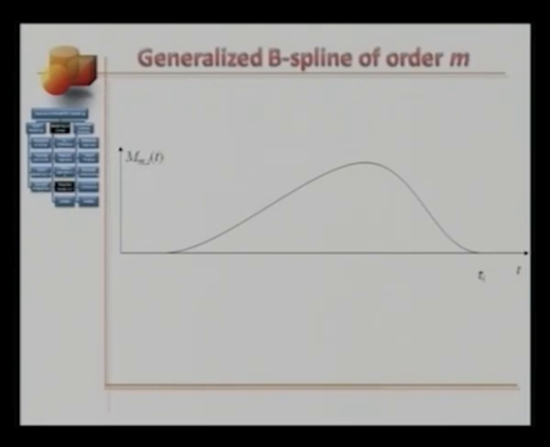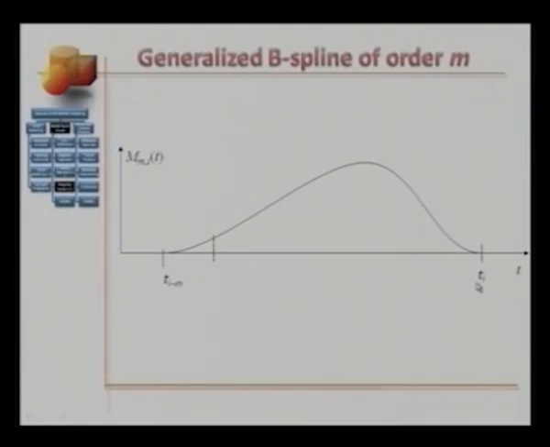The last knot would correspond to t_i, and the first knot would correspond to t_(i-m). So all you need to do is, first, corresponding to this index, plot the last knot, and then use the index and the order to figure out what the t_(i-m) knot is and plot it on the left. So your generalized order m spline is going to be standing over the knot span t_(i-m) to t_i.